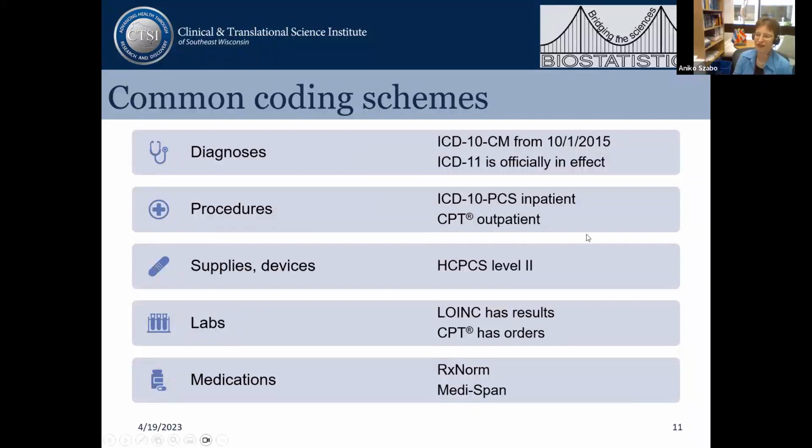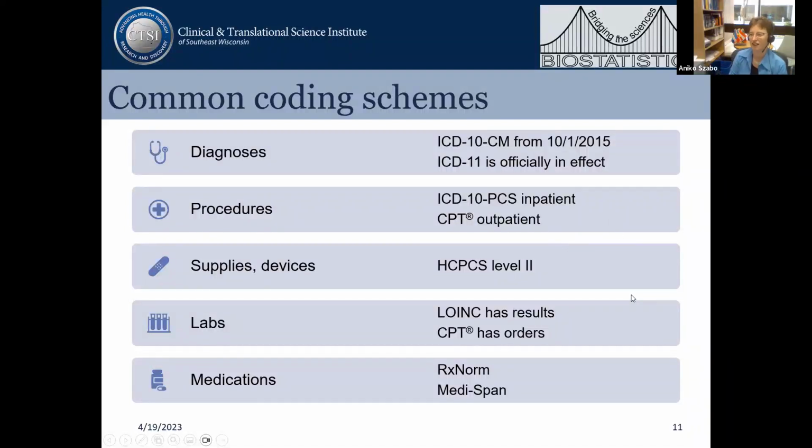Everything has different coding, and sometimes even the same thing, like procedures: inpatient and outpatient procedures usually use different coding. Not necessarily, but even for the same thing, you get a mixture of coding, not only because you potentially get updates of the same coding system, but also because they tend to use different things.